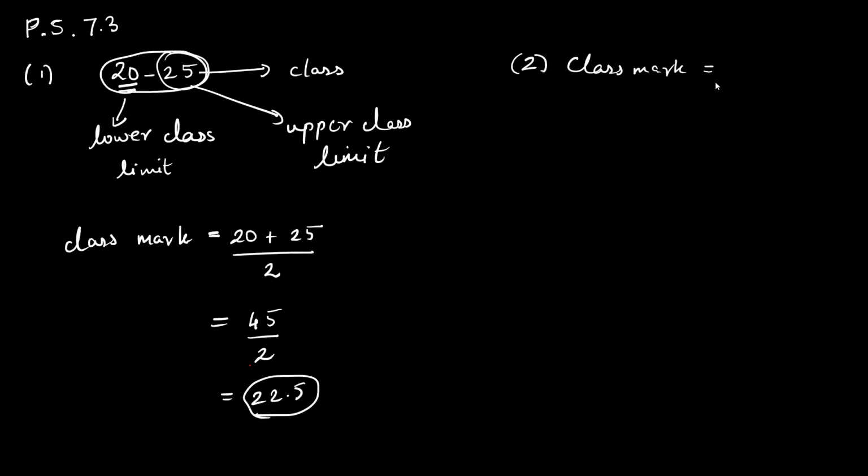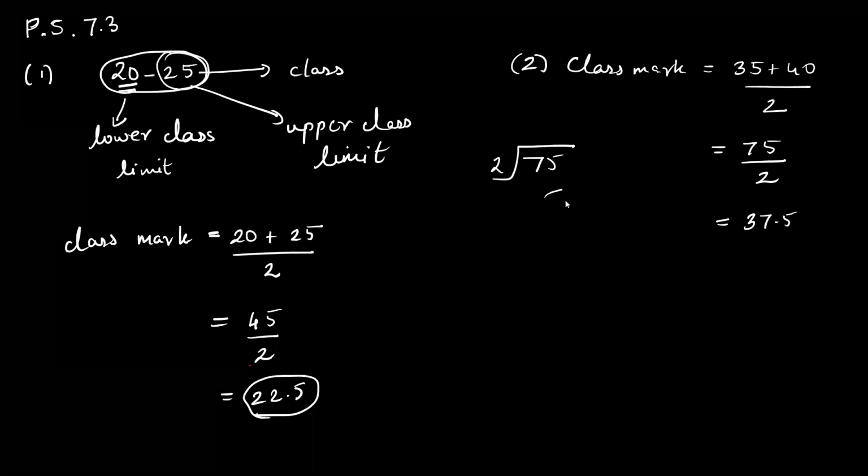Sir, lower class limit plus upper class limit upon 2. So what will be the values? 35 plus 40 upon 2. So 75 upon 2. Sir, 37.5. Yes, 37.5. This is the class mark. Correct, we'll write class mark here.